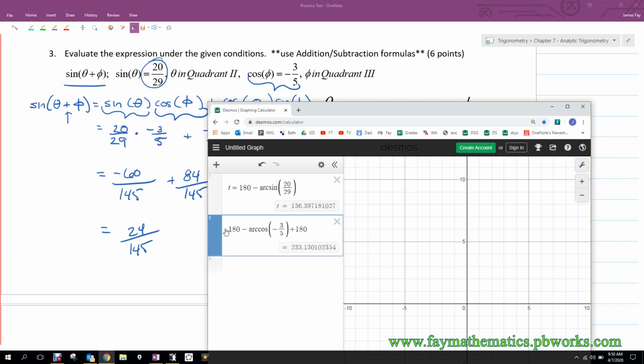So that's the angle in the third quadrant. Okay, so I'll call that phi. So I'm just going to check real quick. 20/29 is 0.689. So let's see if sine of theta gives me the same number. It does. So we're good there.